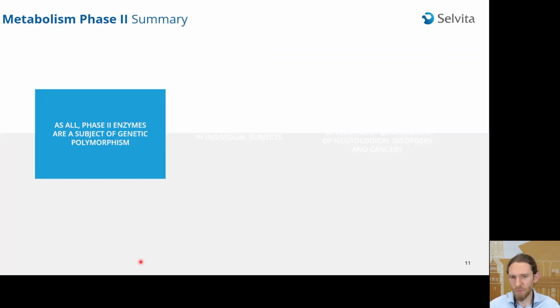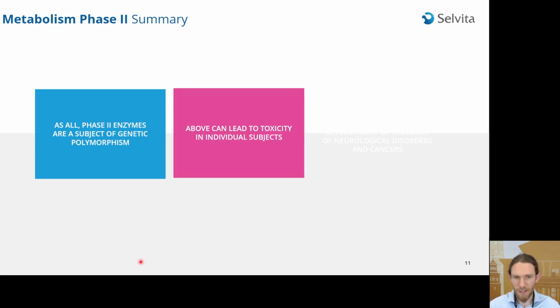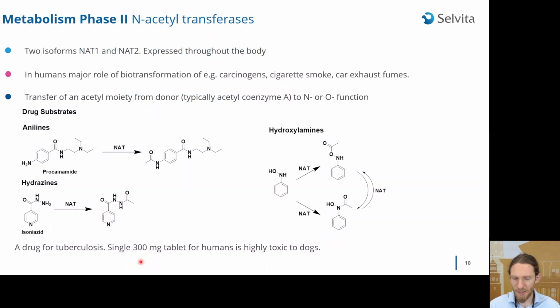Now let's talk a little bit about genetic polymorphism. Phase 1 and also phase 2 enzymes are subject to genetic polymorphism, and this can lead to toxicity in individual subjects. Interestingly, isoniazid was found to show different safety between humans.